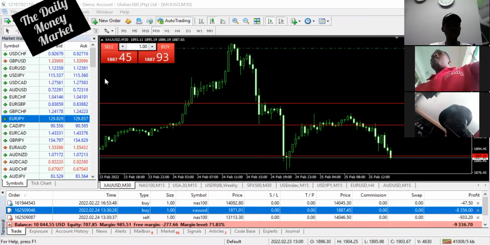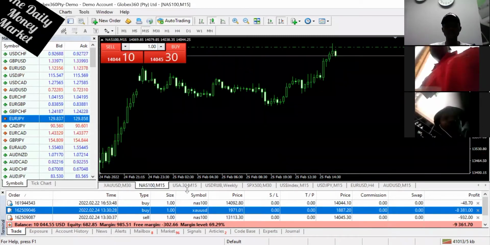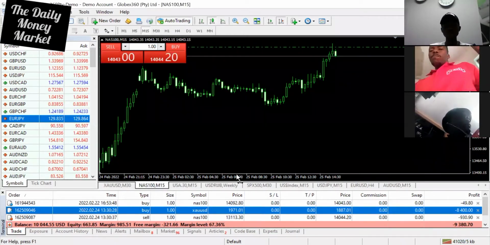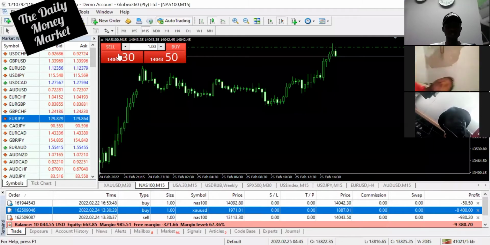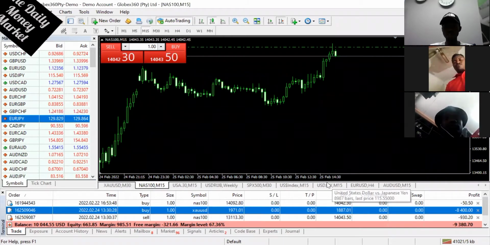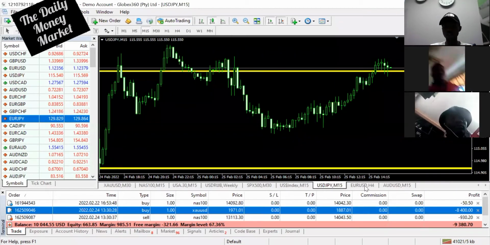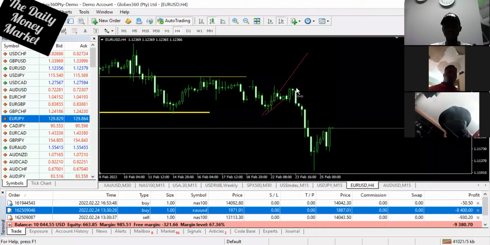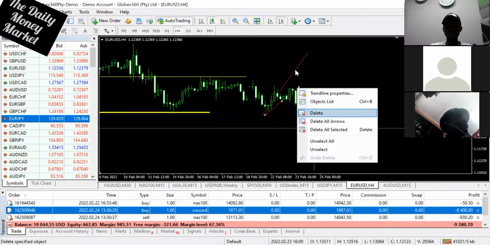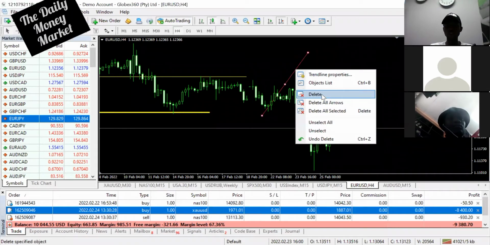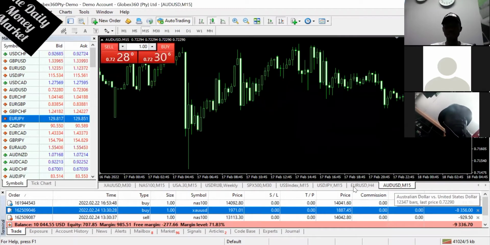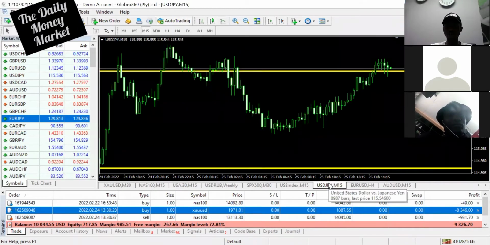All right, so the Fibonacci actually depends on your trend, where exactly the market is going, whether it's going up or going down, right? You can use the Fibonacci by drawing the lines from where the market is actually going.